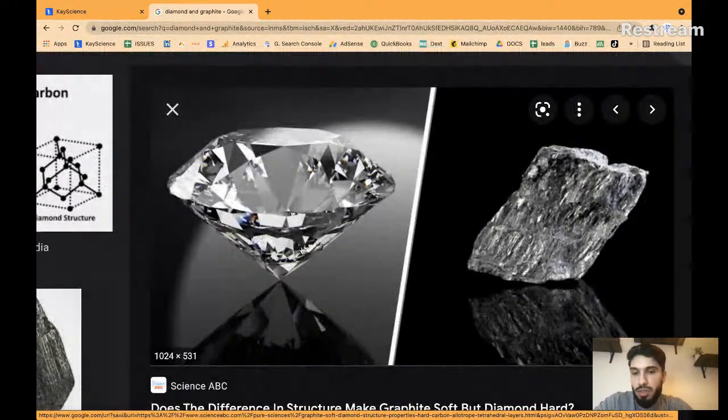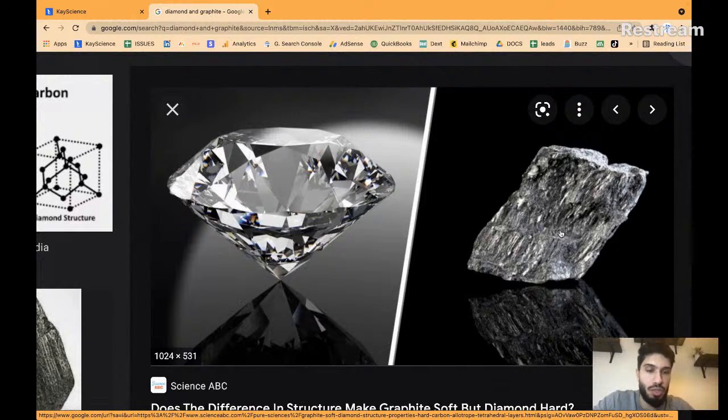So this diamond is very expensive and can be used for jewelry or embedded on drill bits. And this graphite, we're going to understand why it can be used for electrodes in electrolysis and can also be used, you may not know this, in pencils.